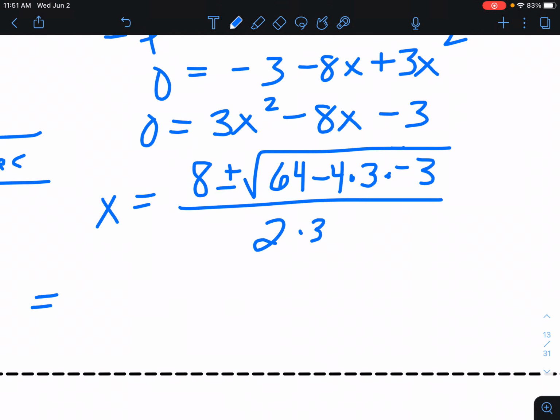All right, so let's continue to simplify this and get our two answers. So negative 4 times 3 is, let me show you what I'm doing. Right here, I'm multiplying these three numbers together. Negative 4 times 3 is negative 12. Negative 12 times negative 3 is 36.